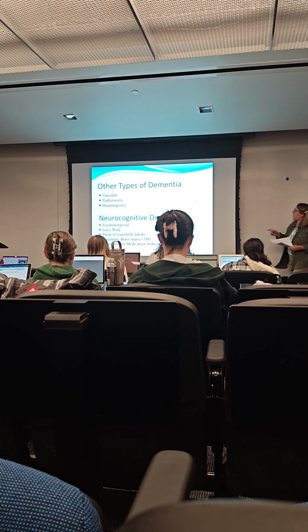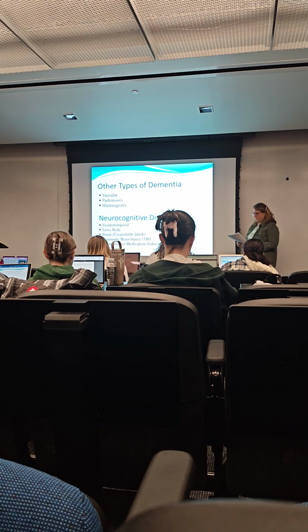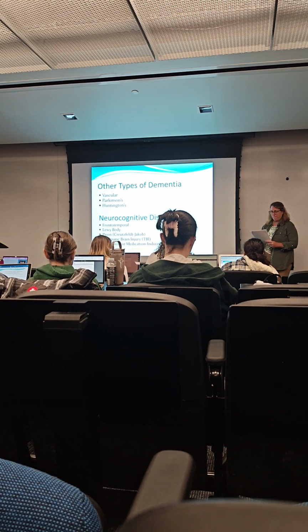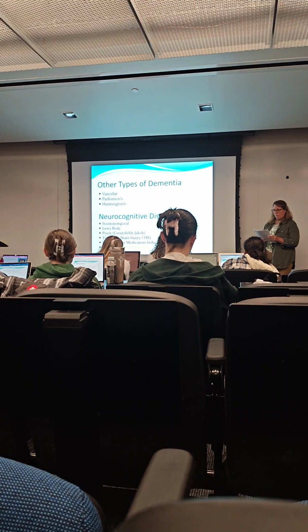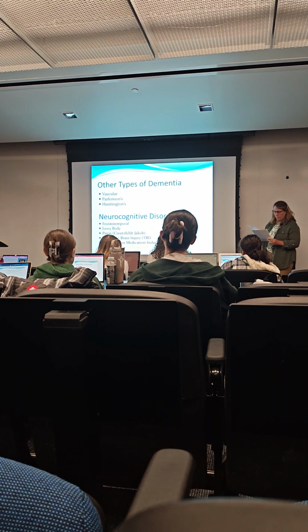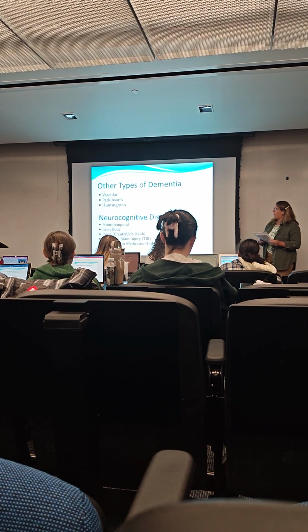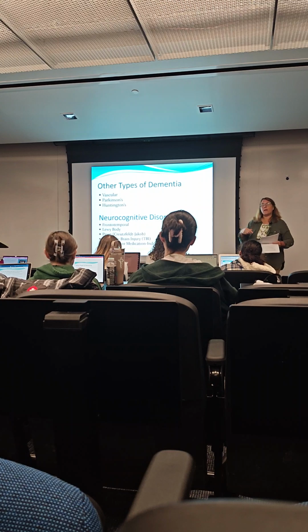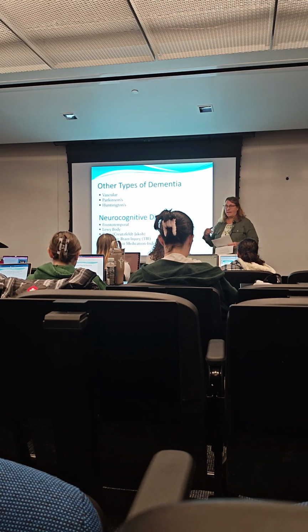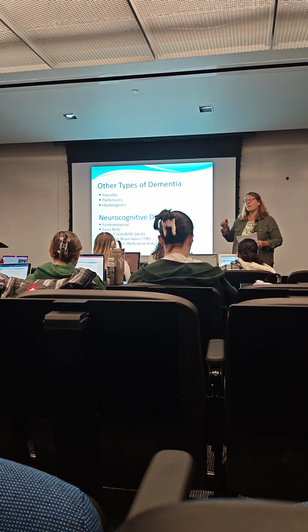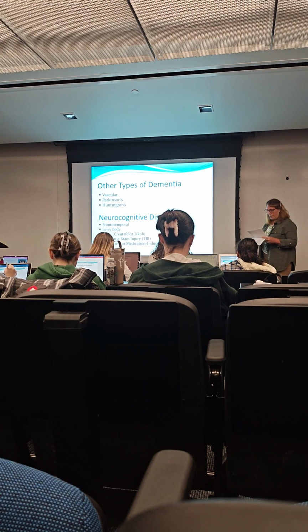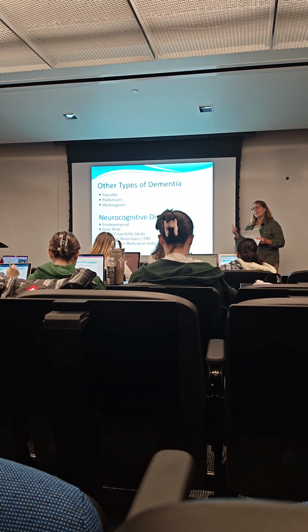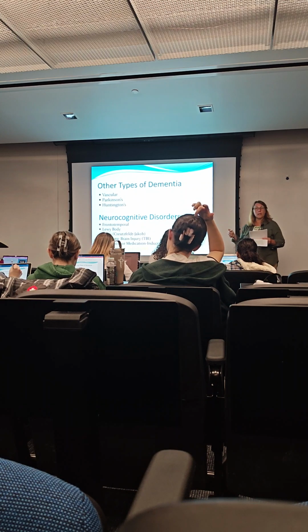All right, so we've talked about these. Vascular: you have somebody who's having repeated TIAs, repeated strokes. That's who's at risk for vascular dementia, and this is the second most common type after Alzheimer's dementia.